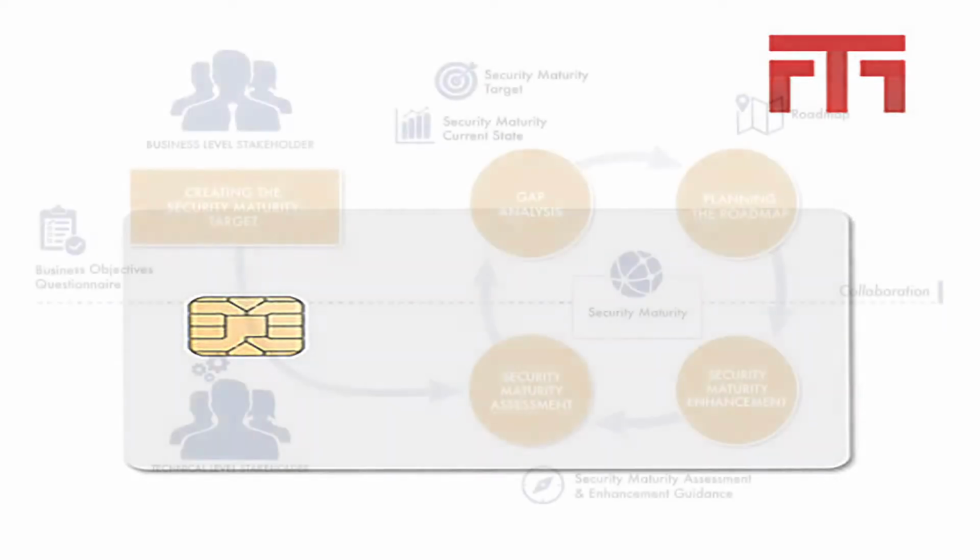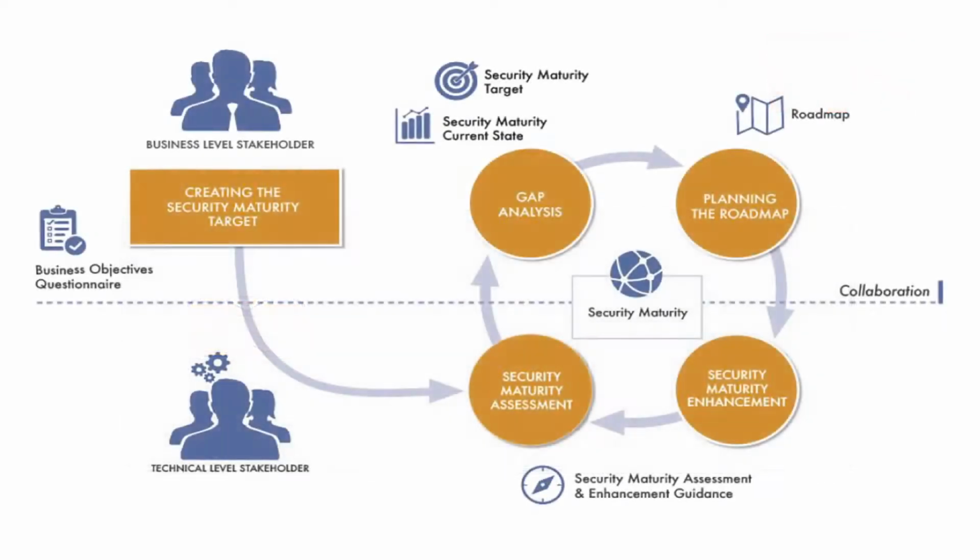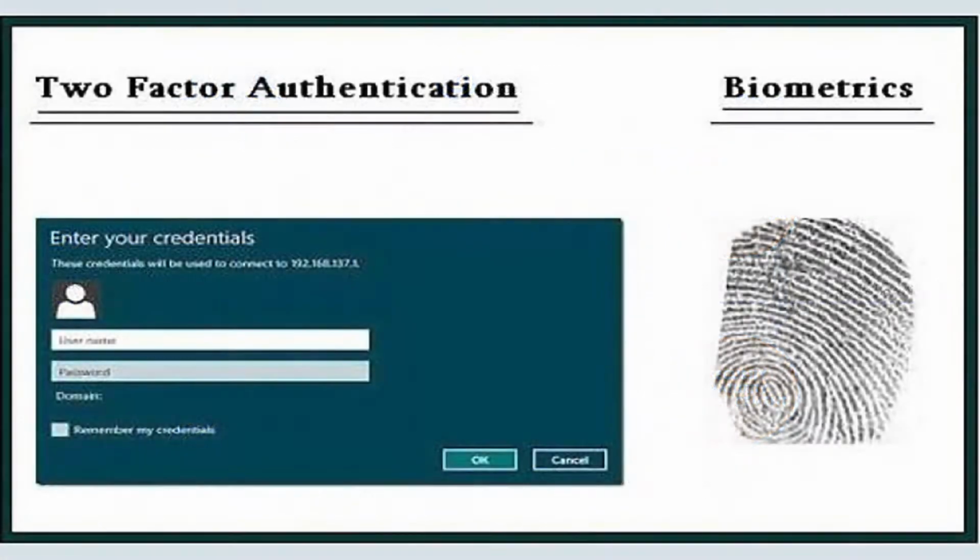EMV specifies card based electronic payment on ISO 7816 compliance and the security criteria for the authentication methods so that they can continue to be used everywhere.